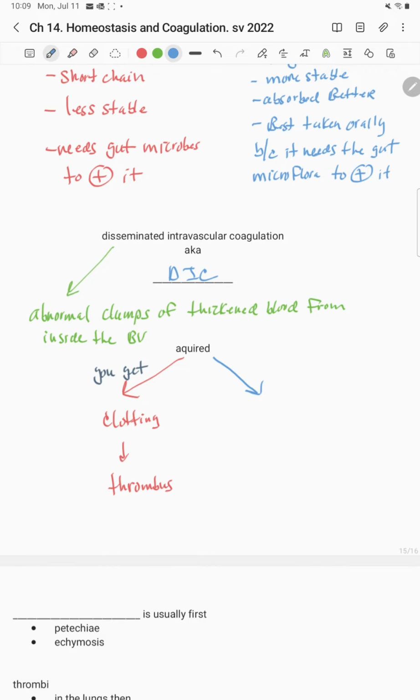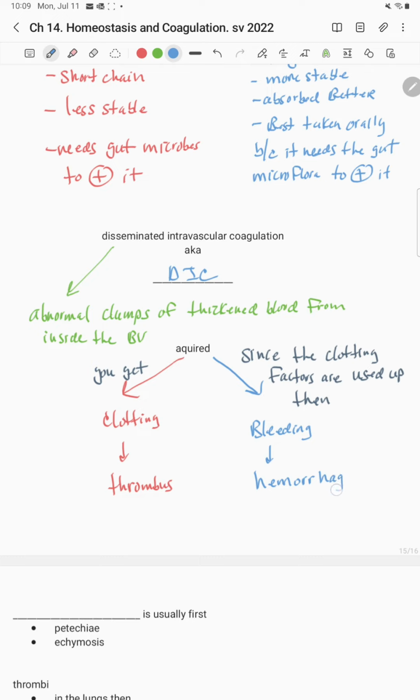Since the clotting factors are used up, then you're going to get bleeding and hemorrhage at other sites of the body.